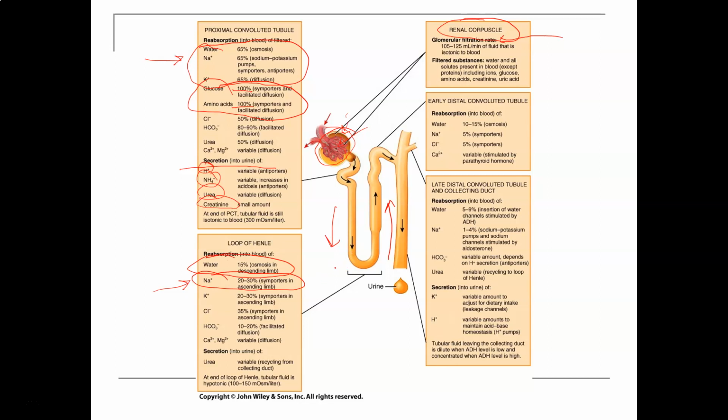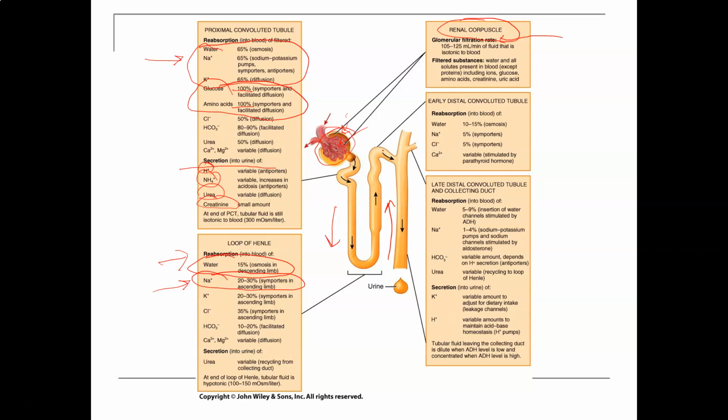And if you recall, it's important to have proper sodium and potassium levels, very important, for example, for nerve impulse conduction. Okay, so as you can see, there are some other things going on, but those are the two main ones I want you to know. Additional water reabsorption in the descending limb, additional sodium reabsorption in the ascending limb of the loop of Henle.